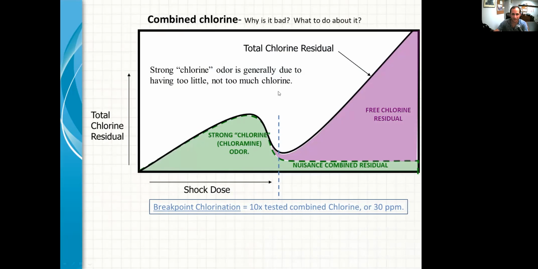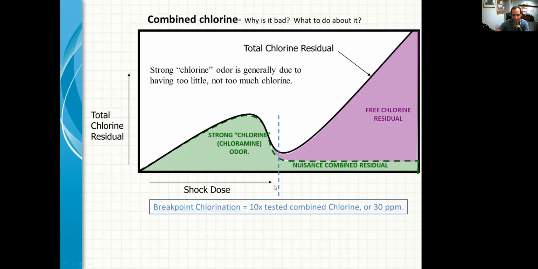This diagram shows what happens when you shock the pool. As you look on the left side, as the total chlorine residual increases and chloramines increase, you start to get a strong chloramine odor. The more that increases, the higher the level of shock you'll need to break them up.